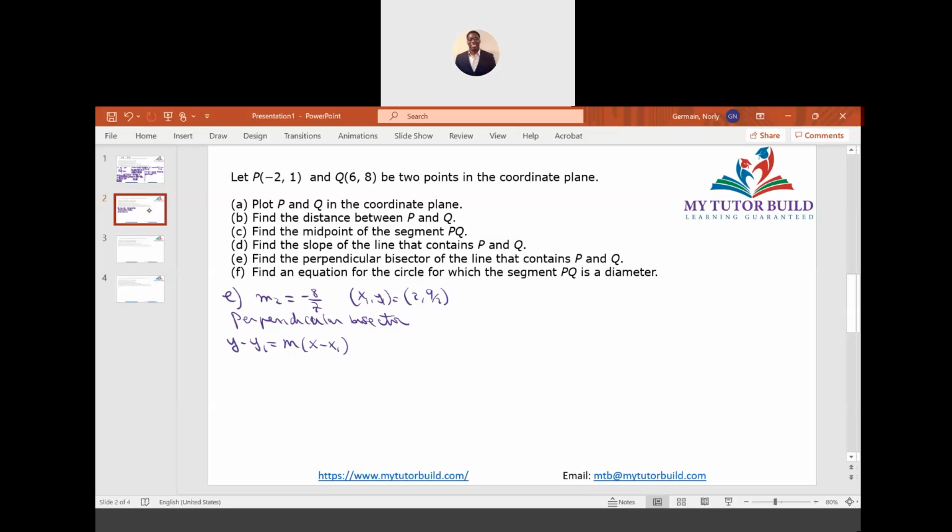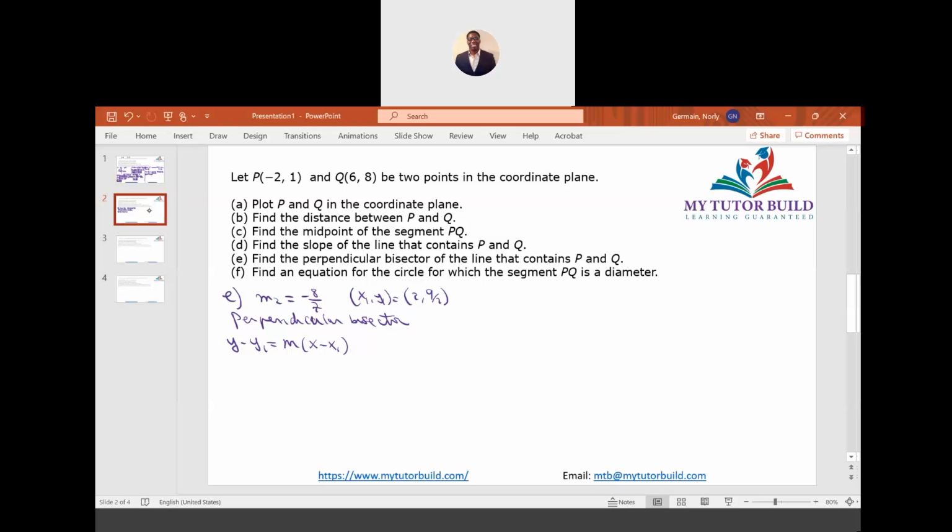We know this is the equation of the line, and instead of using our original slope, we use the new slope, the perpendicular slope m2 equals -1 over m1. So two lines with slopes m1 and m2 are perpendicular if and only if m1 times m2 equals -1.